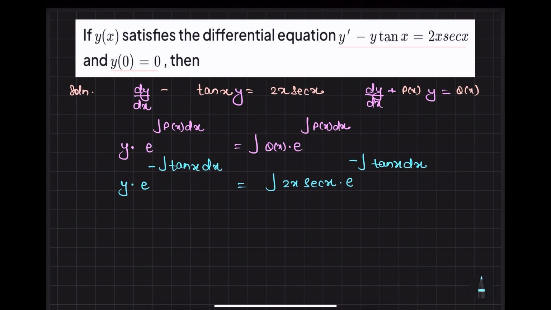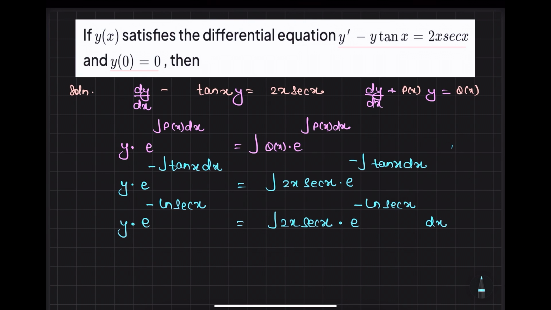Now you know that integration of tan x is ln sec x. So we have e power minus ln sec x. So we have 2x sec x e power minus ln sec x dx.